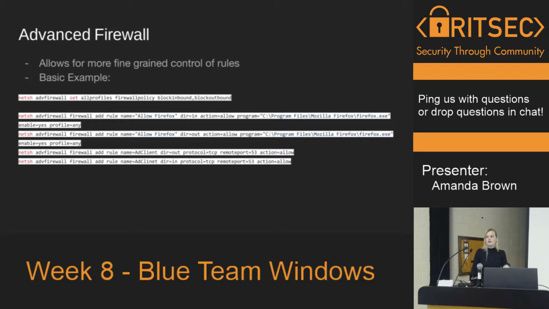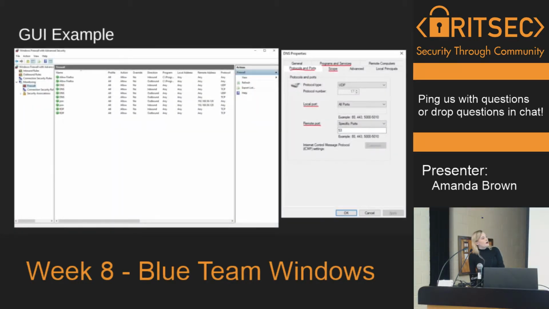This can be super useful in competitions, gives you a lot more control over what is actually happening on your system if you have like specific applications that you need to be running. So the next 2 are for AD clients, and this is opening the port 53, so this is just allowing connectivity in and out.